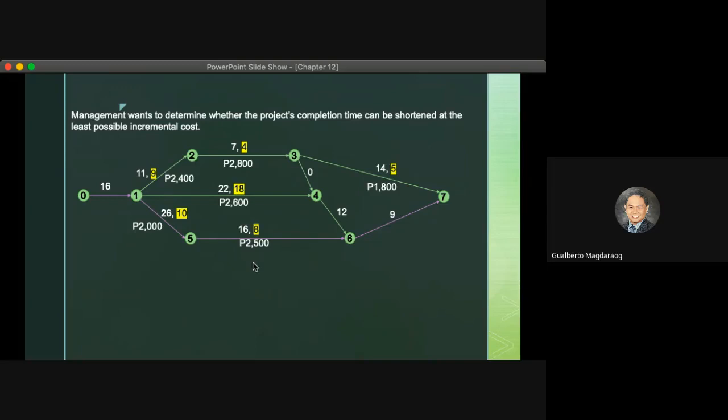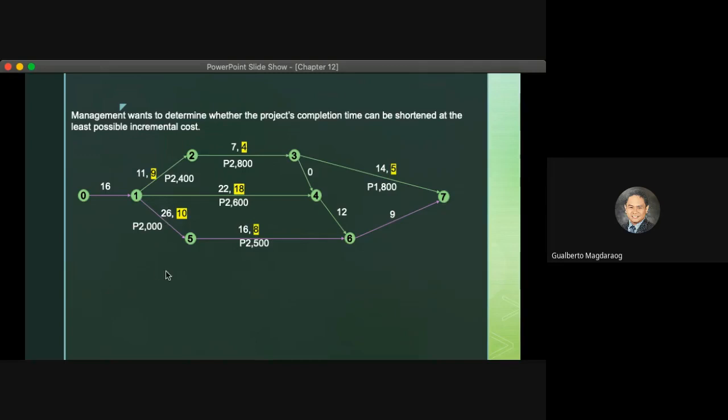However, we will not do that simply because our objective is to shorten the entire period. And therefore, we will choose the highest number of days that we can save, from 26 to 10. This one is 16 days. And the lowest cost, and that is 2,000.